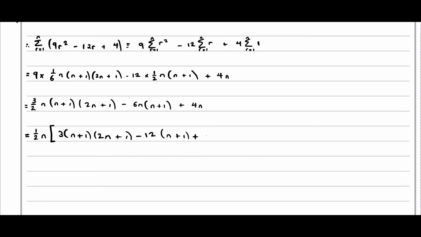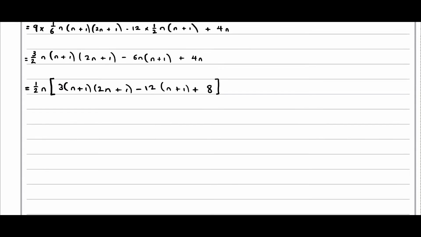And then we have plus 8, because a half n times by 8 gives 4n. We can now simplify this big bracket. So we have a half n lots of 3 lots of (2n squared plus 3n plus 1) minus 12n minus 12 plus 8.